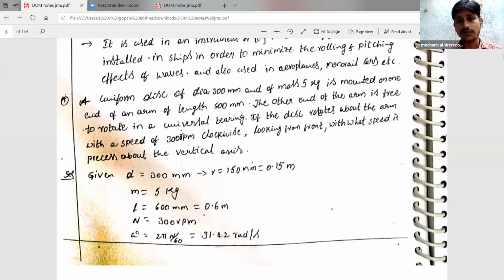The other end of the arm is free to rotate in a universal bearing. If the disc rotates about the arm with a speed of 300 rpm clockwise, looking from the front, at what speed does it precess about the vertical axis?